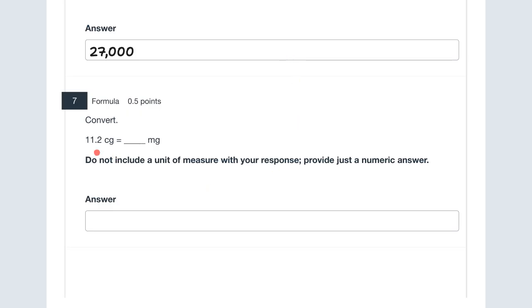Centigrams to milligrams. Right? Centigrams is bigger, so we need more milligrams. In this case, 10 milligrams is equal to 1 centigram.